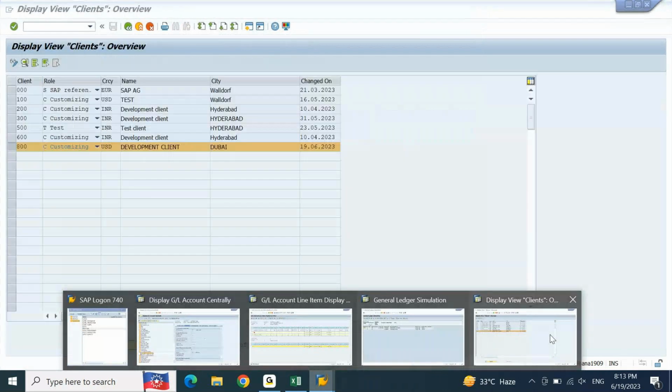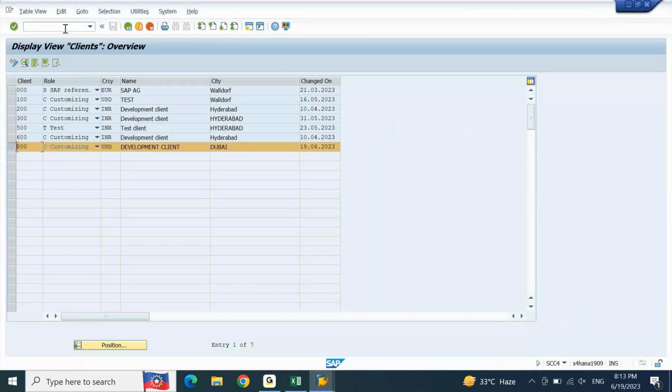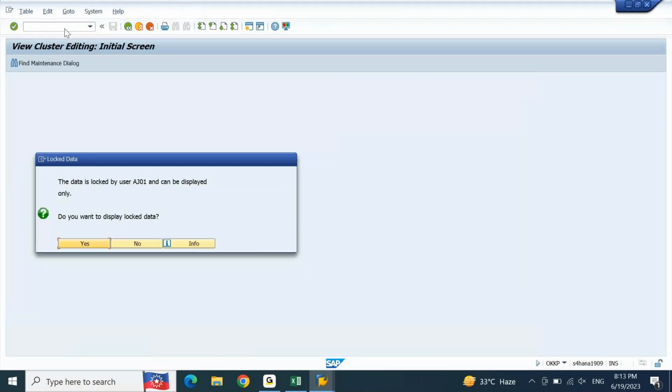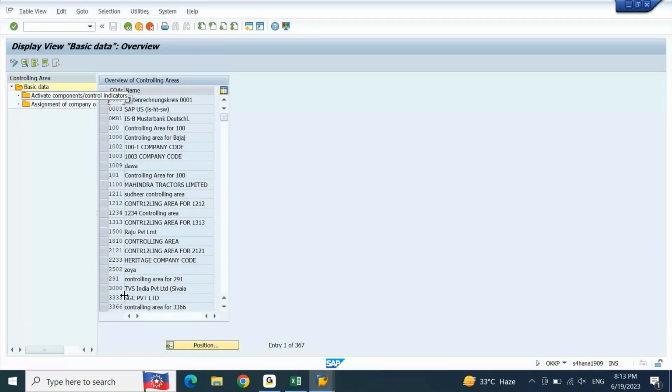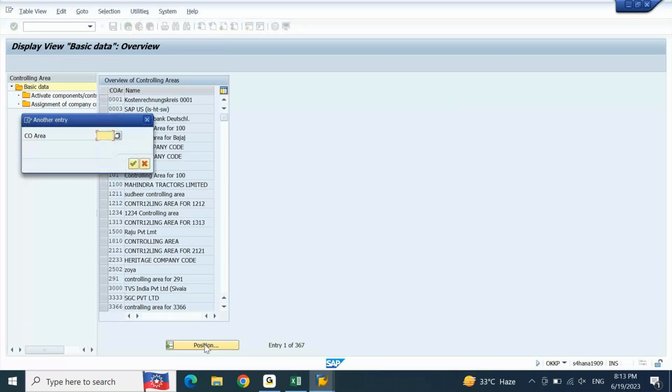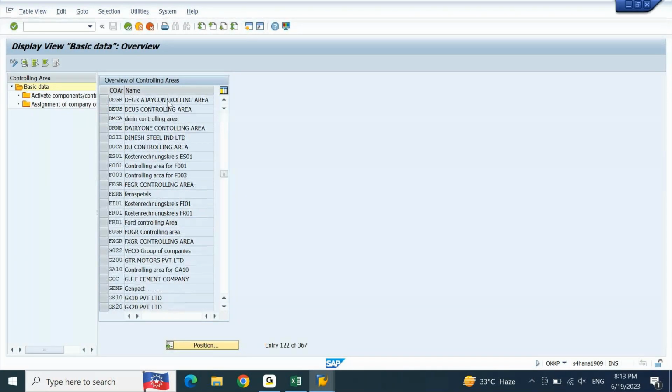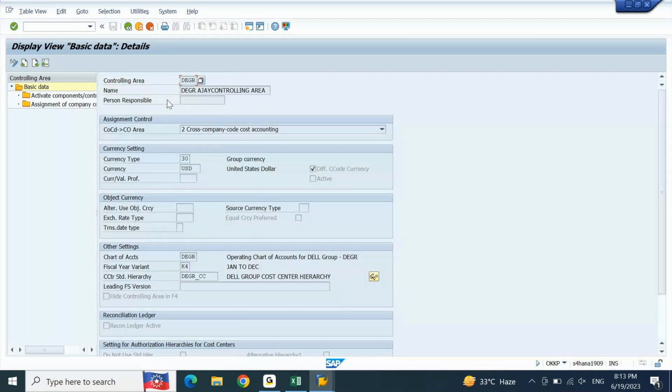This dollar is correct. OK, KP. AJ01 display, yes. DEGR. Here also it is dollar properly defined.